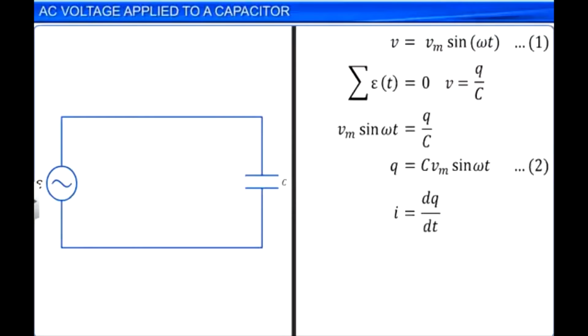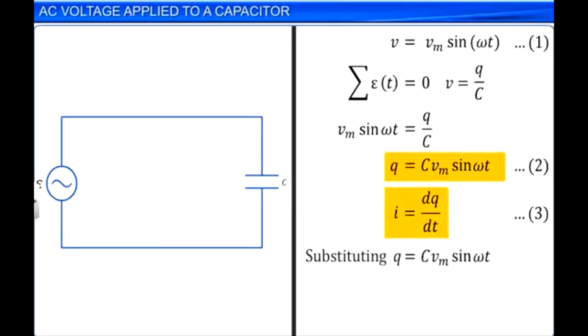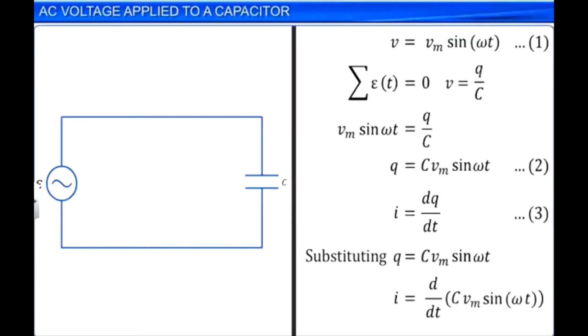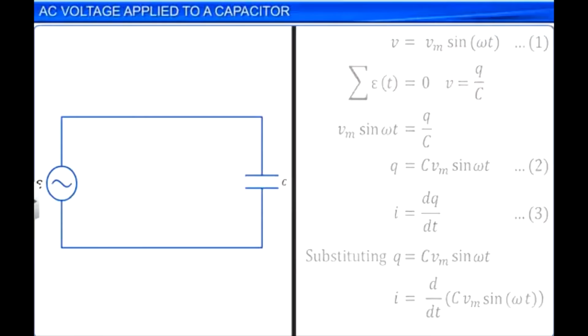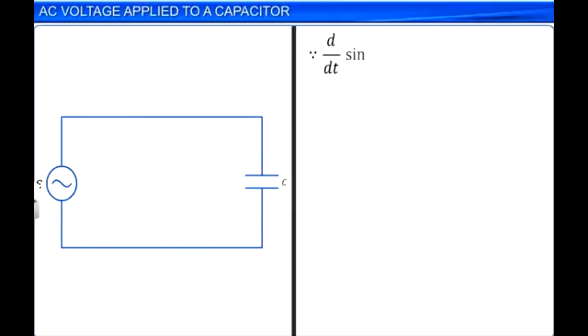Substituting equation 2 in equation 3, we get I is equal to d by dt of C Vm sin omega t. As C and Vm are constants, and as d by dt of sin omega t is equal to omega cos omega t, we have I is equal to omega Vm C into cos omega t.